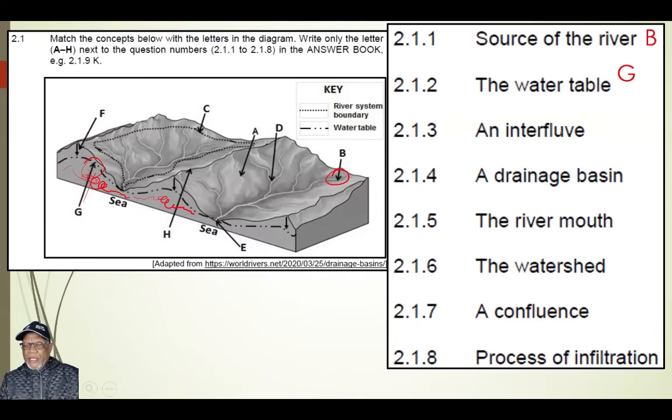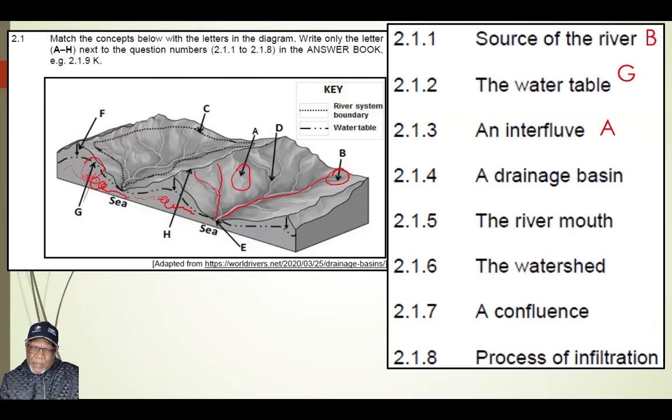Then we have an interflow. Where is an interflow? An interflow is at A. So what is an interflow? An interflow is an area that separates the streams of the same drainage basin. So you have different streams there, and you have the main stream there.